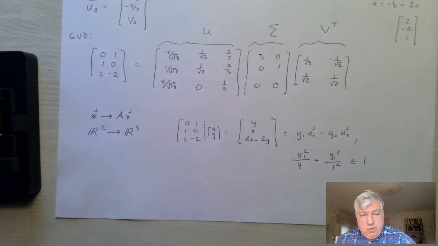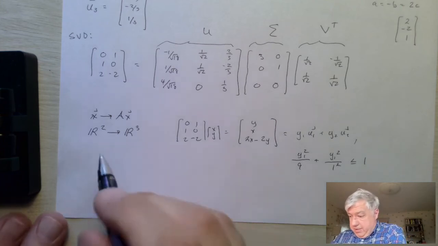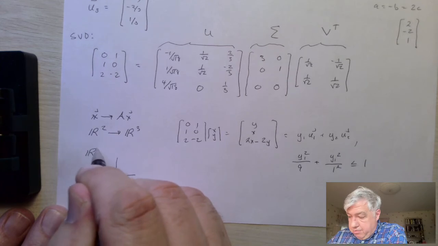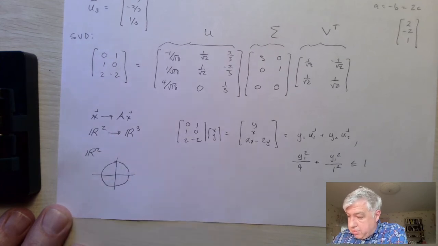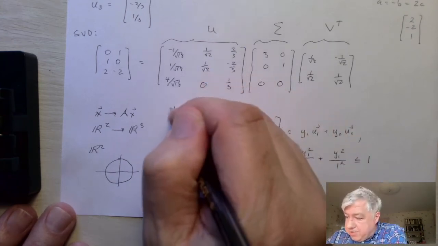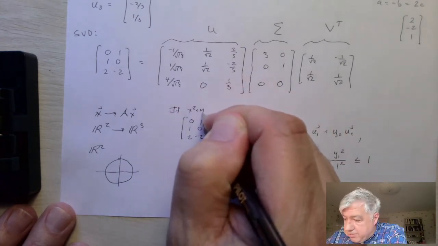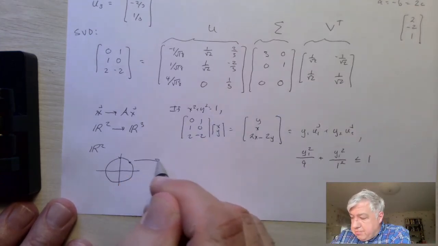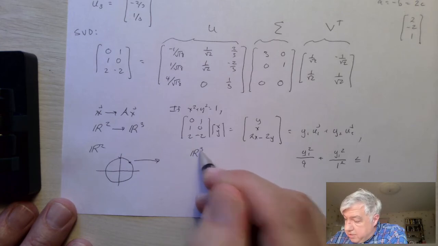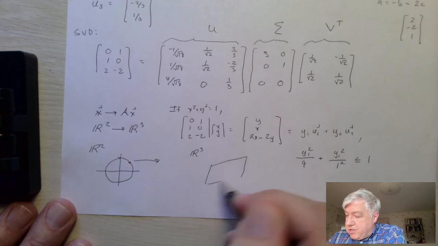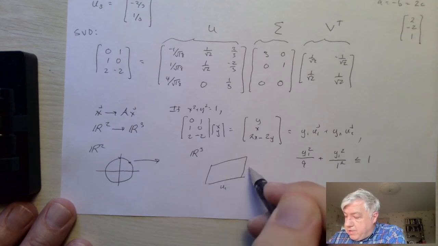Again, what's going on is that here's R2, here's the unit circle. By the way, this holds if x squared plus y squared equals 1. Then the points on this unit circle, well, here's R3, and in R3 there's going to be some plane that's generated by u1 and u2.